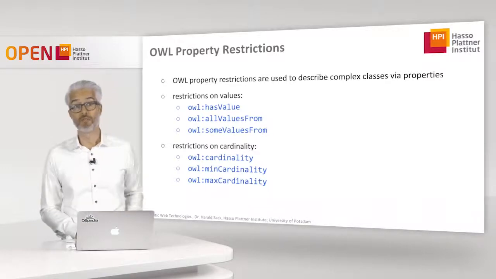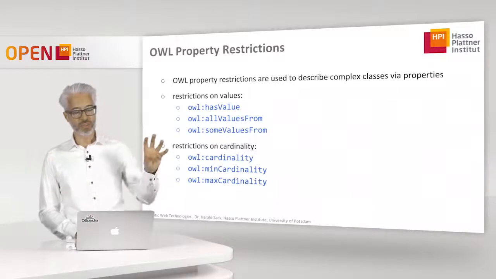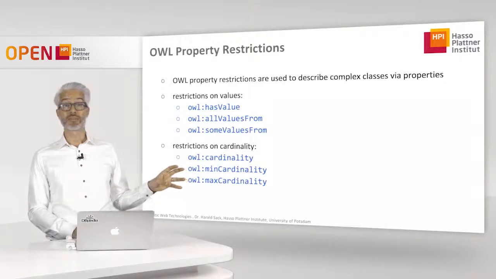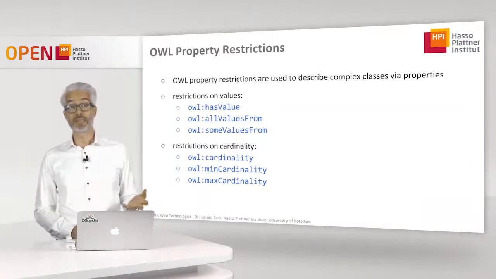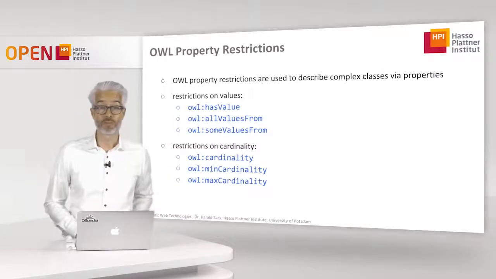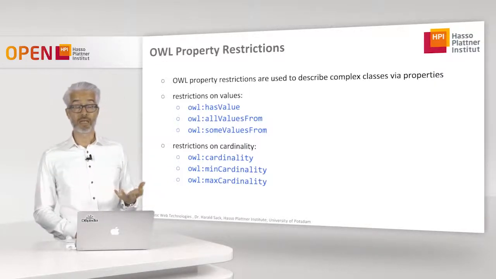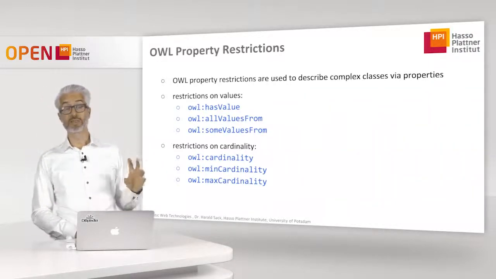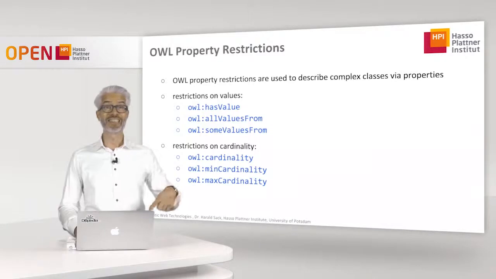We will shortly have a look at how this works in an example. So these are restrictions on values. And then I can also define restrictions on the cardinality. So these are the number restrictions that we have already talked about. Number restrictions on the cardinality, for example, are used when I define what a string quartet is and I restrict the members of a string quartet to be exactly 4.